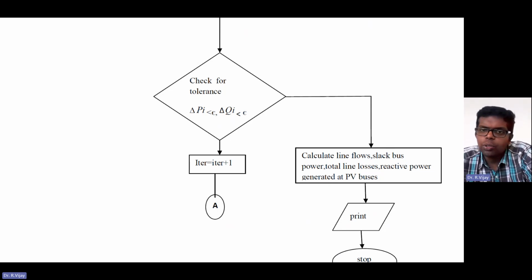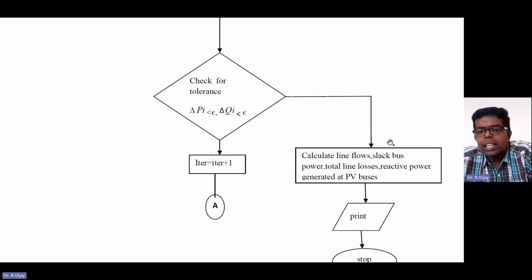You can also choose your own values, but the program should stop. Based on the del PA value and the del QA value, you need to select the tolerance limit. But generally, if you choose 0.001, it will stop.